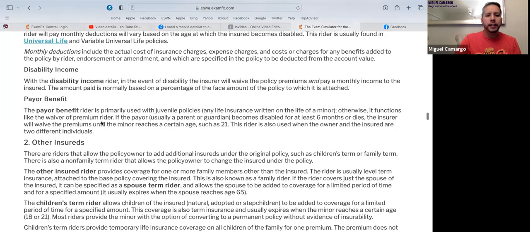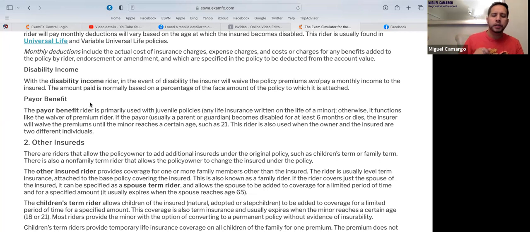Okay. The next one, I want you to put payer benefit rider. Next to that, I want you to put for children, for minors. This one says that if the guardian or the parent becomes disabled after 6 months, or if they pass away, the child's policy is automatically paid up until they're 21.